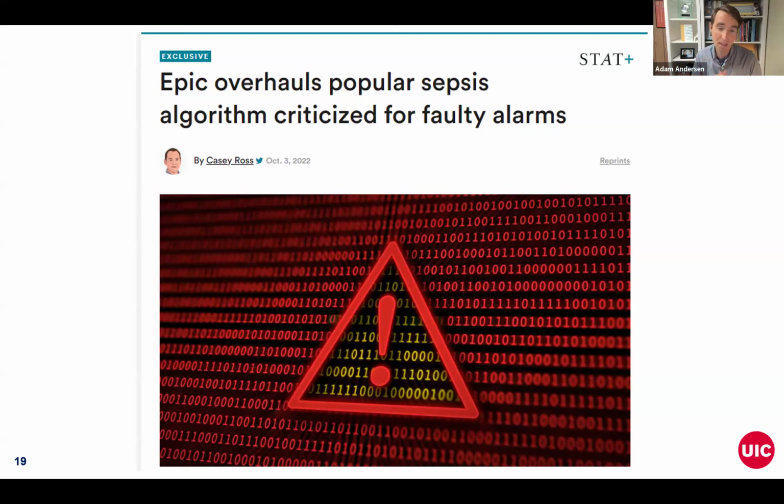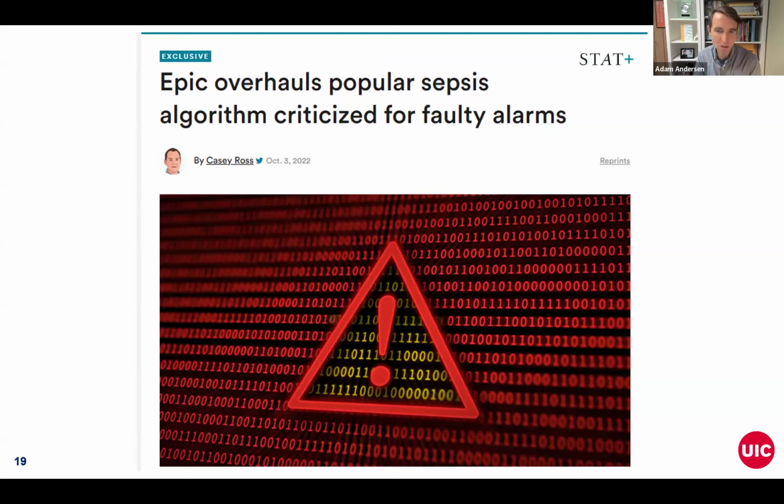So what Epic did then is they decided to work with each of their hospital clients and retrain the model based on their data. Each hospital has a proprietary algorithm that's based on the populations that they see, because one algorithm's predictive ability for a certain set of patients may be really dependent on the patients that the doctors at that hospital see.